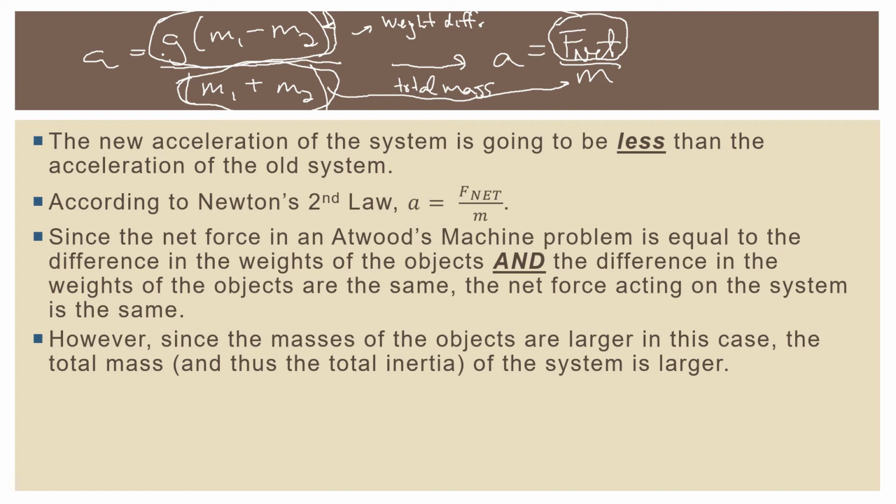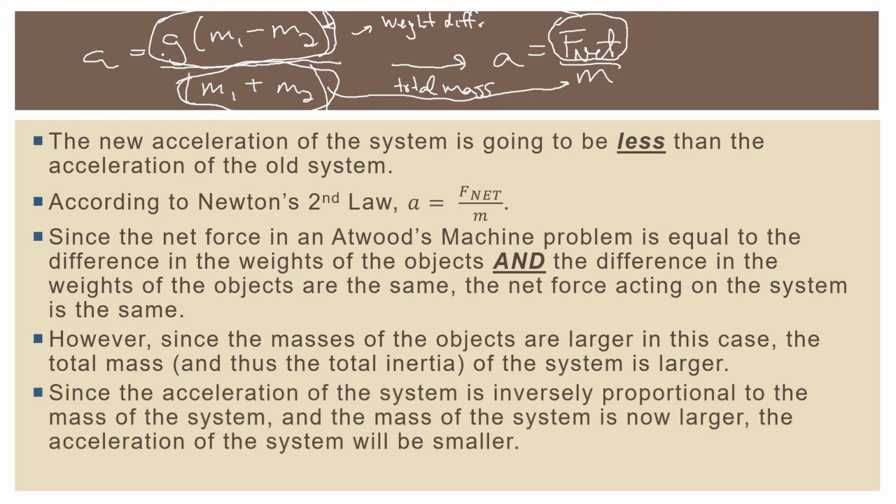And so essentially, we're using the same force to try to move more mass. And so since the acceleration of the system is inversely proportional to the mass of the system, and the mass of the whole system, the two objects together, is now larger, the acceleration of the system is going to be smaller, or less than the acceleration of the old system. That's the idea.